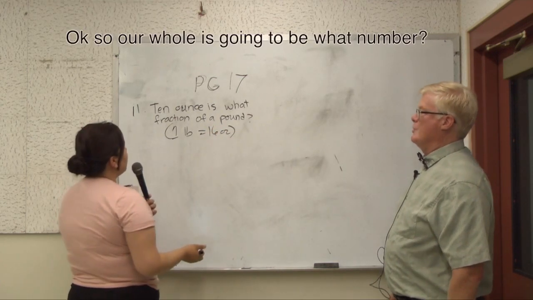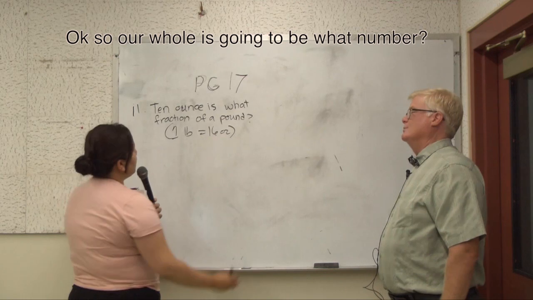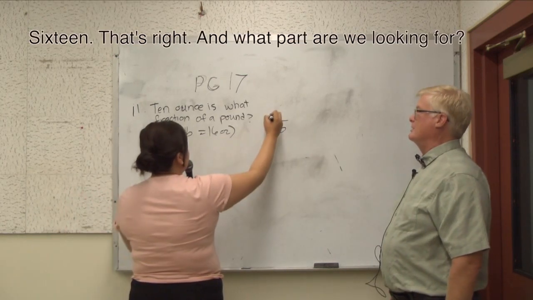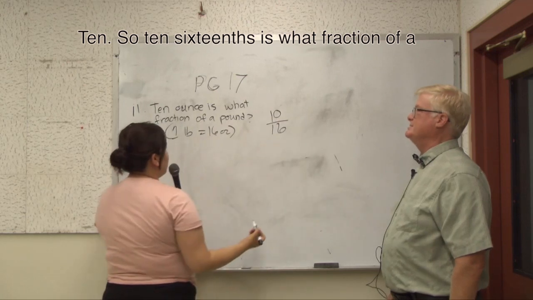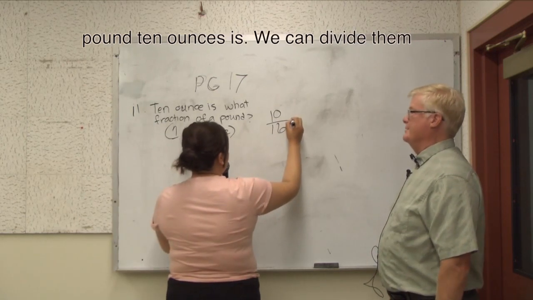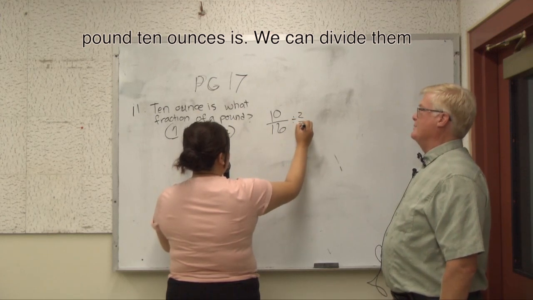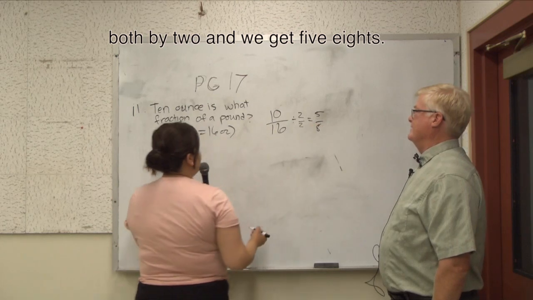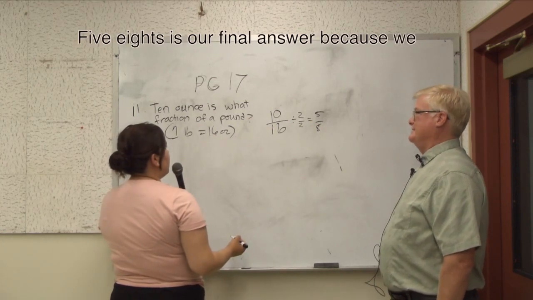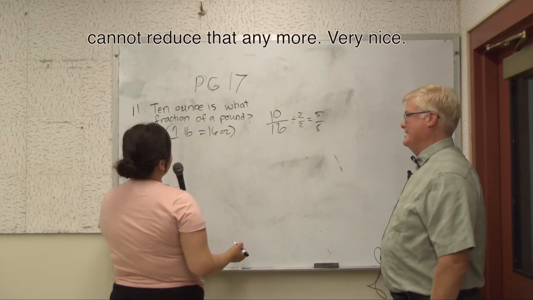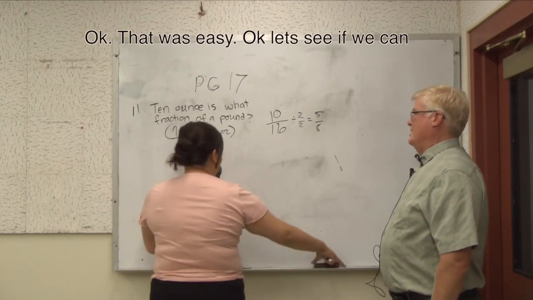Okay, so our whole is going to be what number? 16. That's right. And what part are we looking for? 10. So 10/16 is what fraction of a pound 10 ounces is. We can divide them both by 2, and we get 5/8. 5/8 is our final answer because we cannot reduce that anymore. Very nice. That was easy.